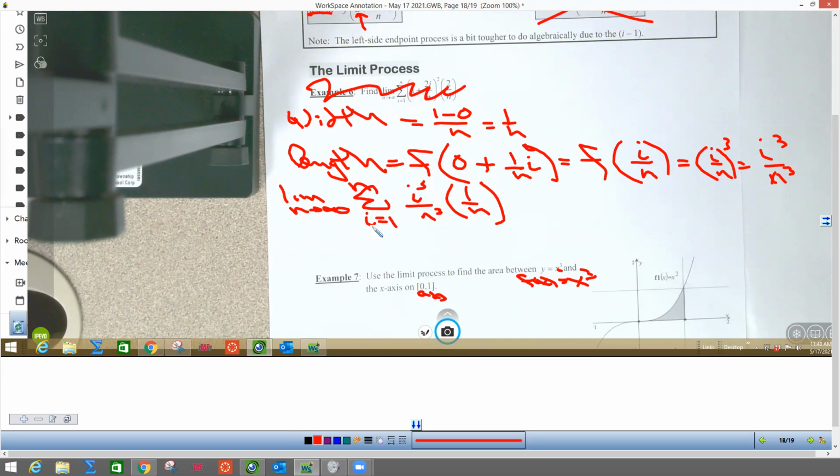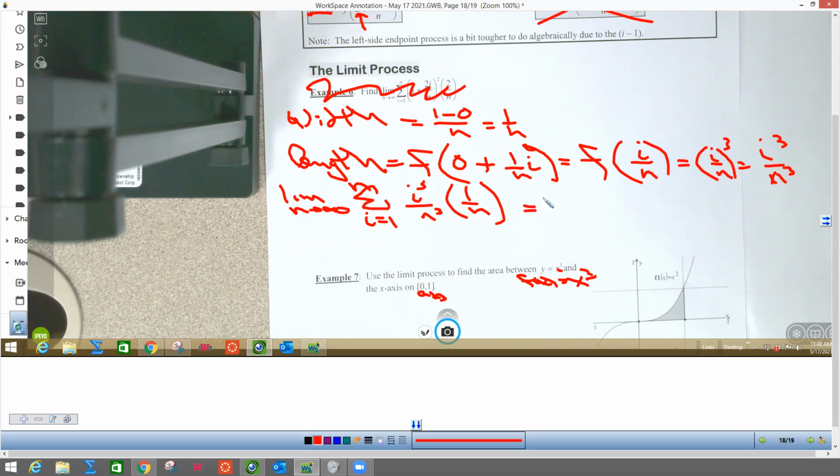Because my index is i only, the only thing that's a variable over here is i. Everything else are constants. So I can multiply these straight across, and I'm going to take everything that's a constant and stick it in front of the sigma.